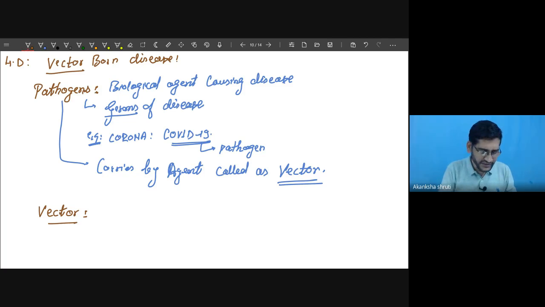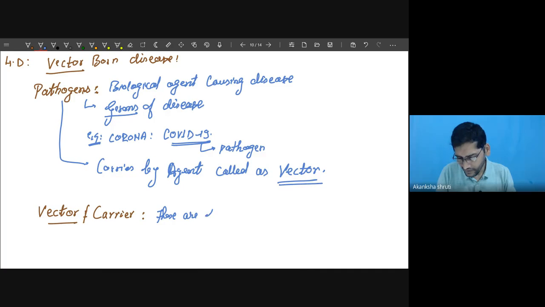Many a time students get confused. So student, what is this vector? Vectors are nothing but vectors are also called carriers. So these are host or carrier of pathogen. Host means in which the pathogen itself lies, or carrier of pathogens.